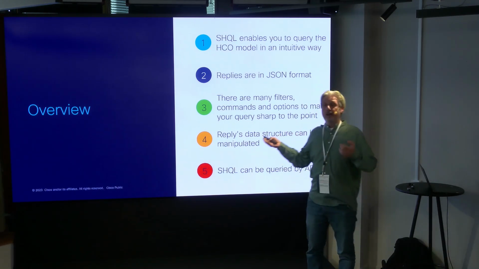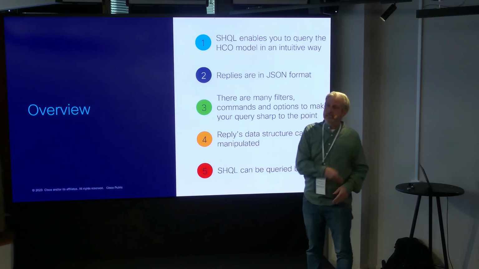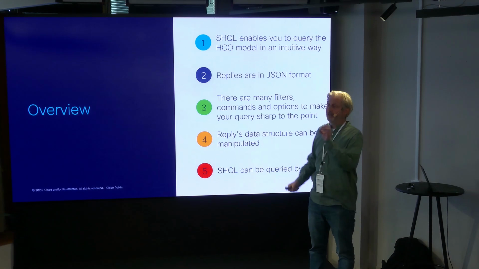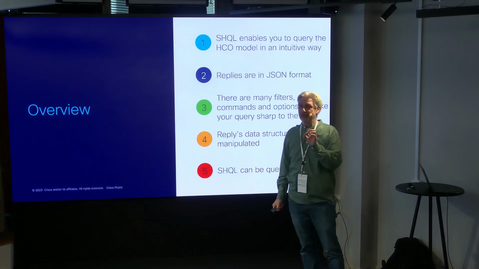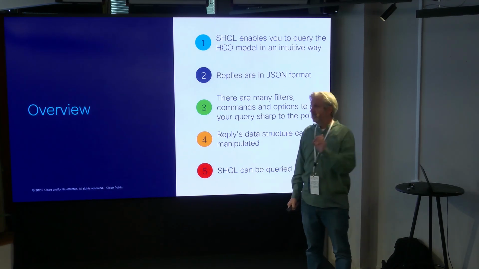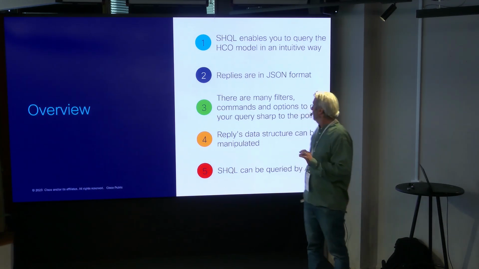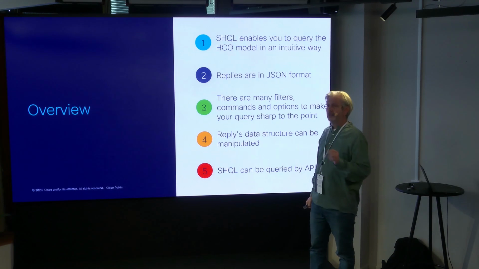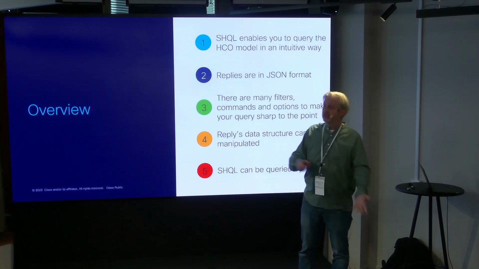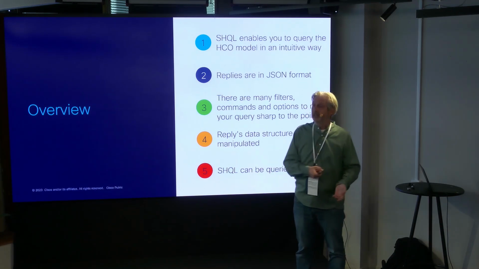There are many filters, conditions, and functions that will help you to pinpoint the tailor-made, specific information that you need, the specific query that your organization or your system needs. And also, there is a way to manipulate the replies. You can sort it, ascending, descending, whatever.